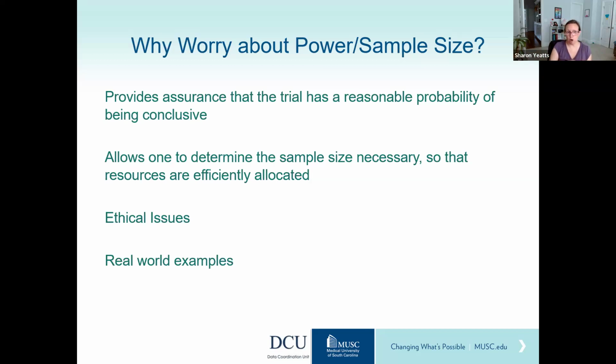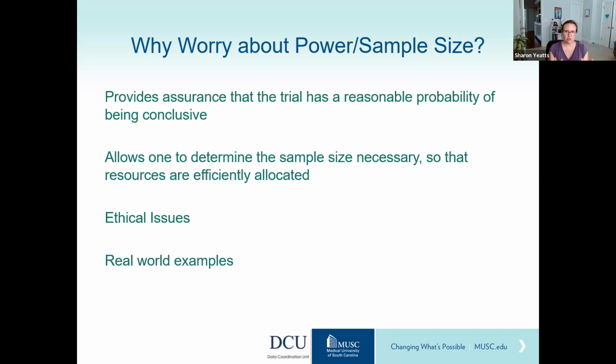Similarly, if your study is too small, which is the more common problem, then at the end of the day, you're still needlessly exposing patients to an intervention. And I say it's needless because you won't be able to answer the question that you set out to answer. So you are exposing them to potential risk without the societal benefit that we would expect.